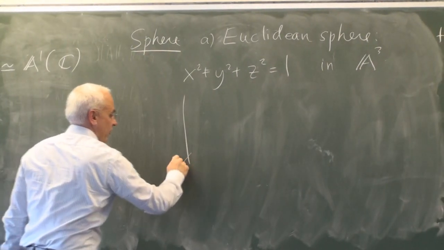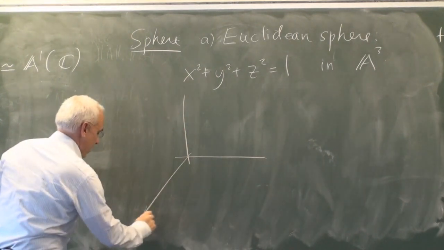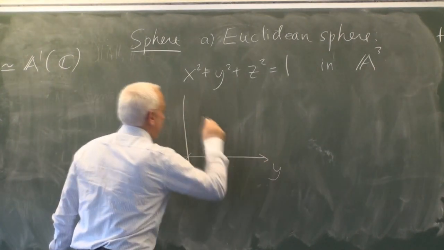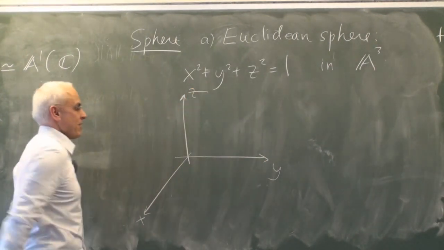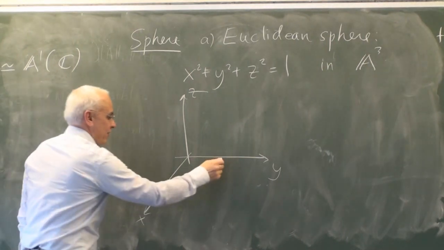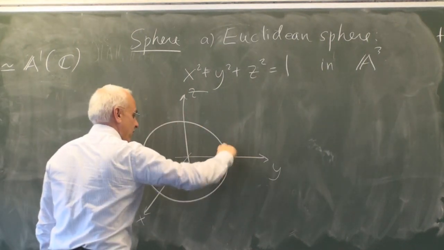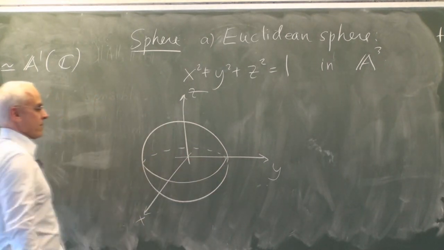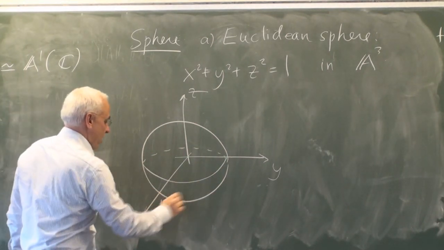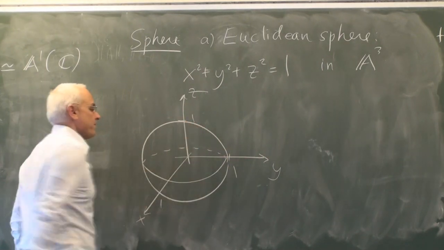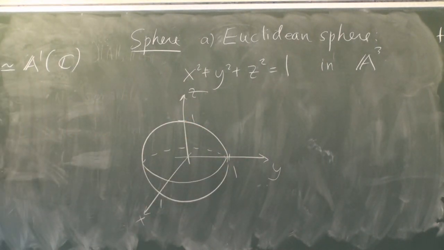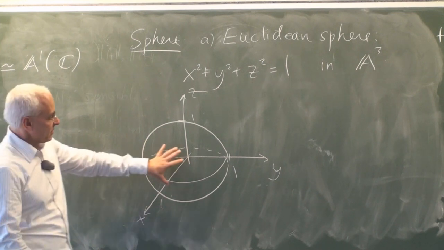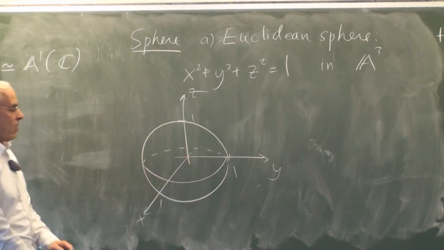Okay, so here's our three-dimensional space with an x, a y, and a z coordinate. And centered at the origin is our sphere. This is 1 unit in any direction. So it's centered at the origin. It has radius 1.